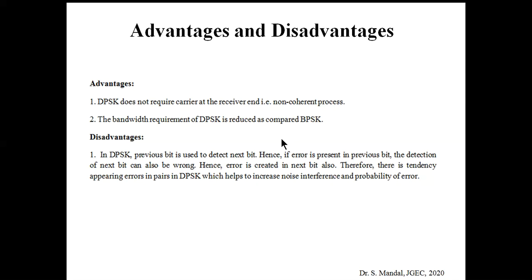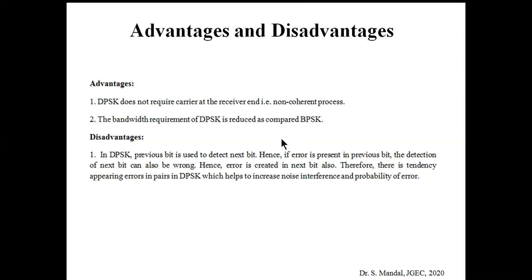So for one bit error at the receiver, for any kind of reason, we may get a 2-bit error in the receiver section. So error is created in the next bit also. Therefore, there is a tendency of errors appearing in pairs in DPSK. For this reason, it will increase noise interference in case of DPSK, and it will also increase the probability of error for DPSK over the BPSK.